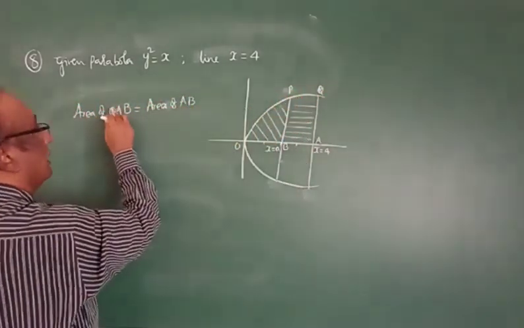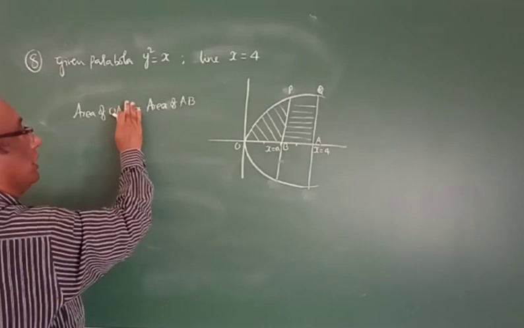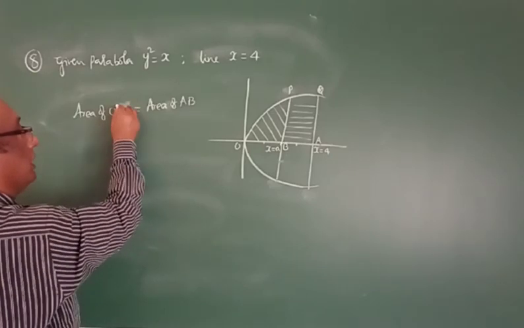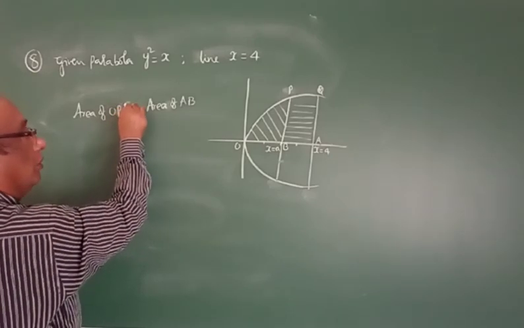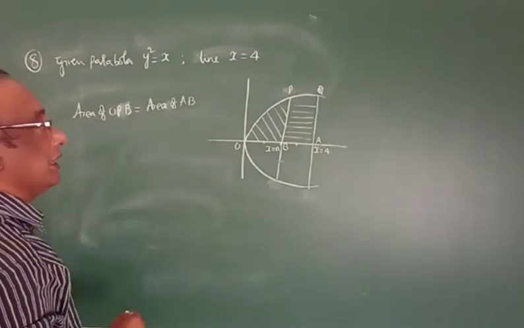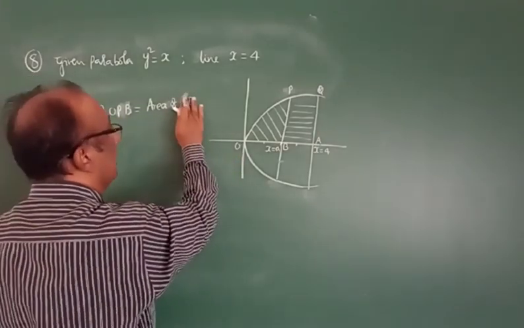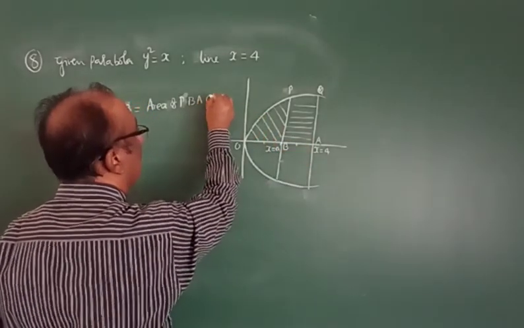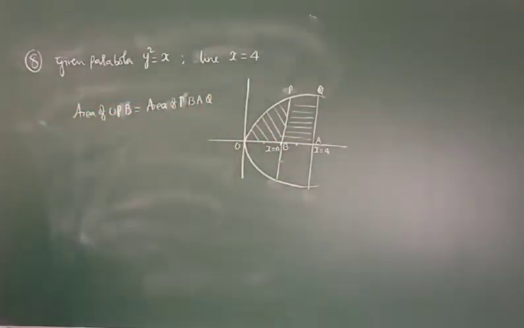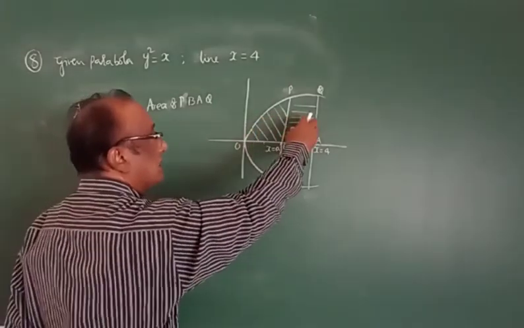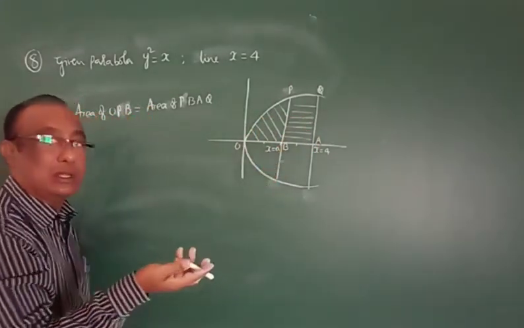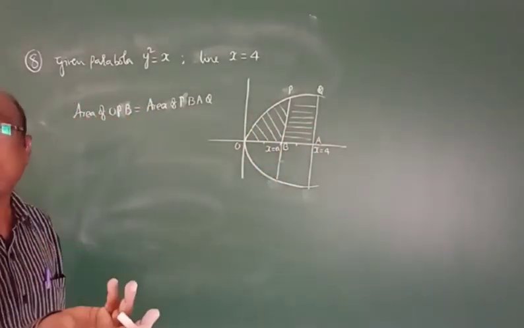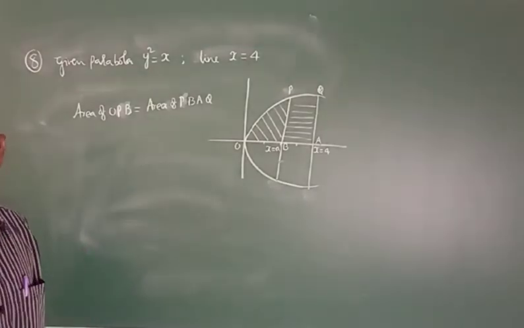This is the area OPB is equal to area of PBAQ. Right. This area equals the other side also. We can take 2 times, and 2 will be cancelled.